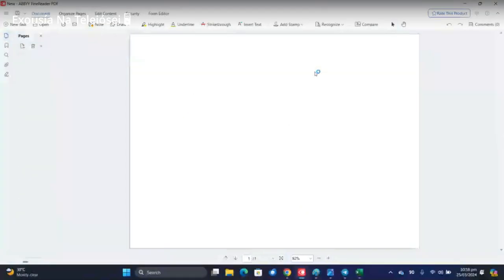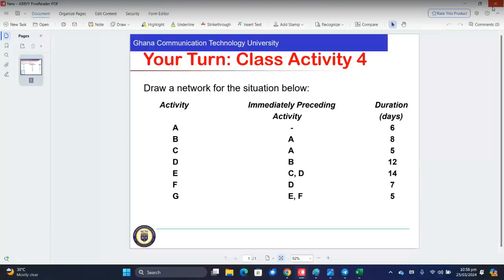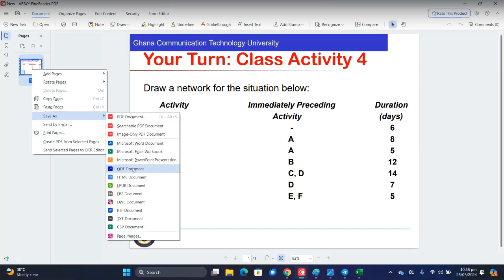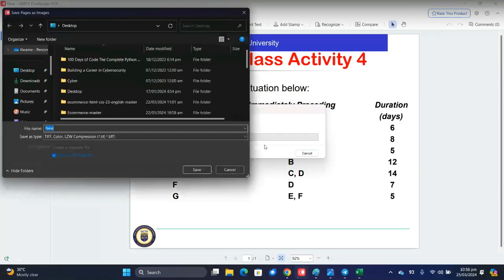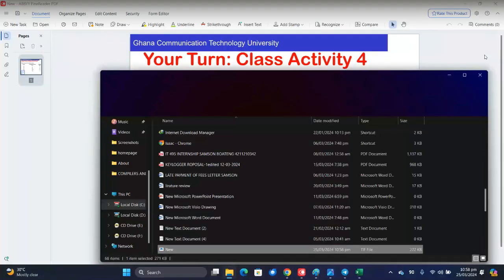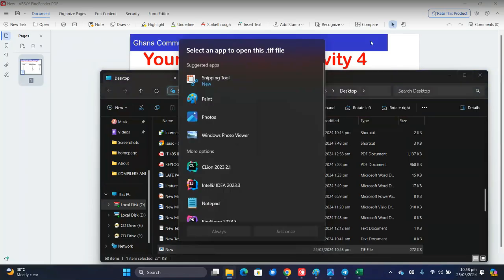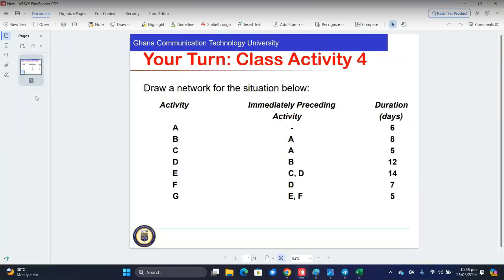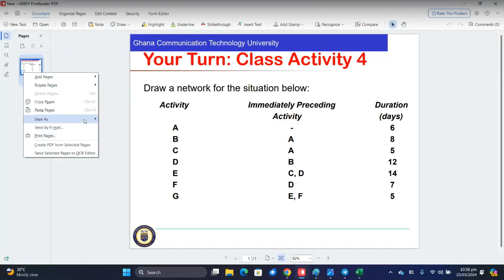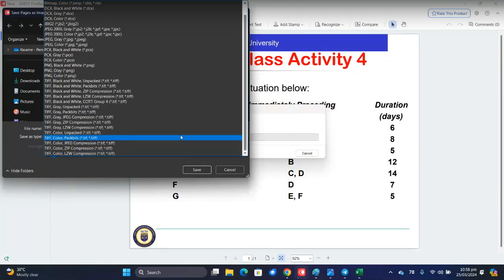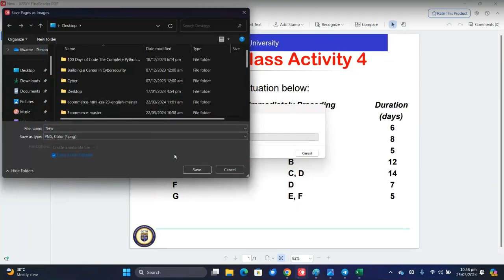Or can anybody take an image of it and put it in the group so that I open it? Okay. I will just save this as an image. Yes. So from here, put it as a new image. I'm saving it as an image file instead. Let me do that and send it to you. Okay, I think I've gotten it.